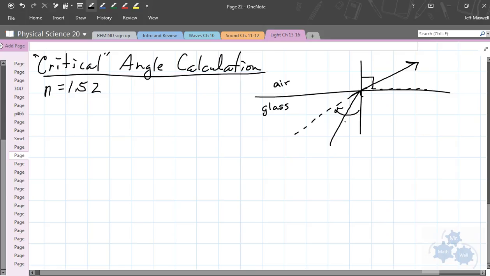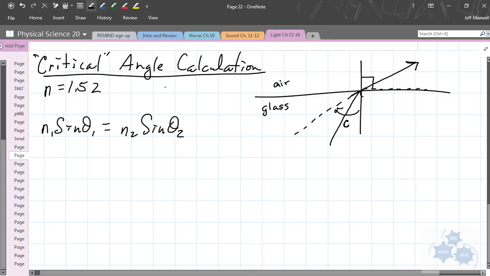So this right here is the critical angle. Snell's law says n1 sine theta 1 equals n2 sine theta 2.